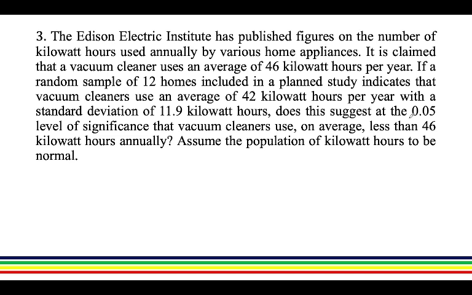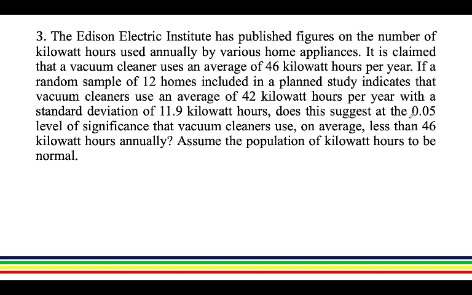For the first example, the Edison Electric Institute has published figures on the number of kilowatt hours used annually by various home appliances. It is claimed that a vacuum cleaner uses an average of 46 kilowatt hours per year.